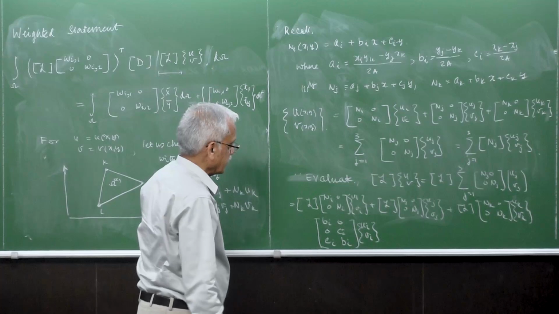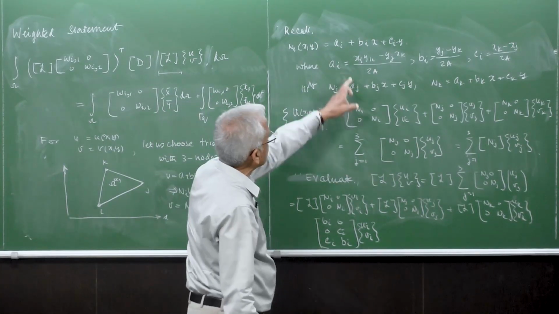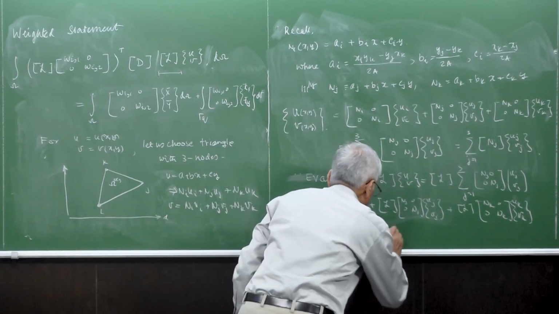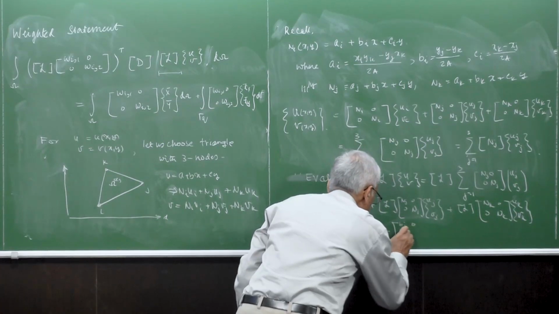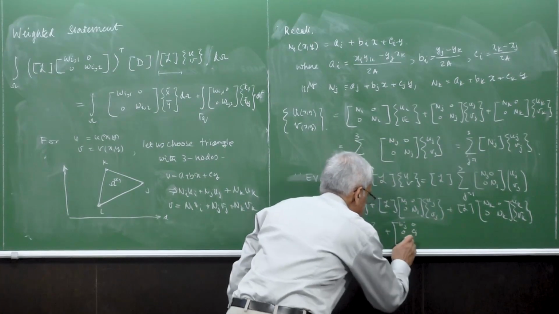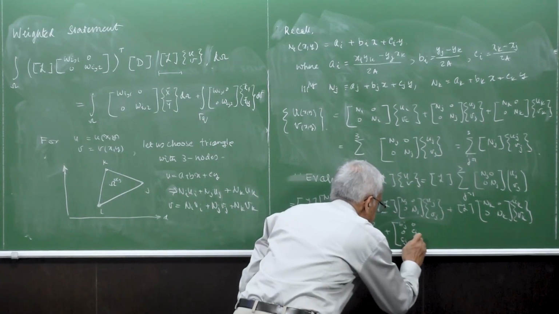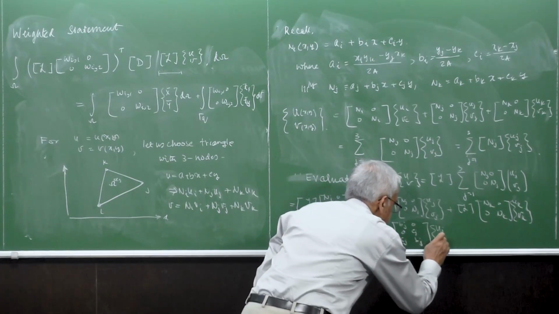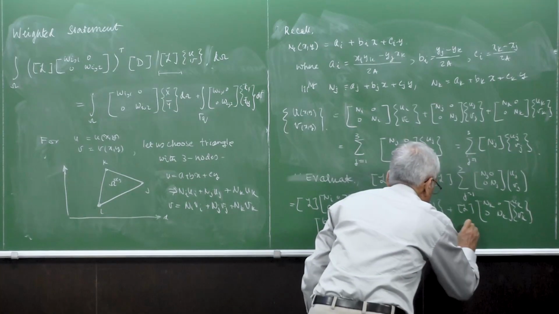So you can very well see that this is the derivatives of this one on n. Similarly, you have exactly the same thing with j: Bj, 0, 0, Cj and Cj, Bj.